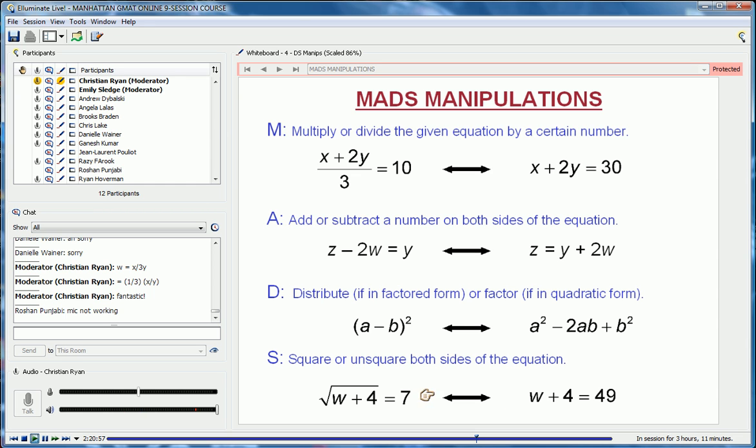So when you square or unsquare, in this case, the only possible number that would fit would be 45. 45 plus 4 square rooted equals 7 is the same thing as 45 plus 4 equals 49. But in some other cases, you have to be a little bit careful. For instance, when we see that x squared equals 9, unsquaring that, we have to take into account the negative possibility.